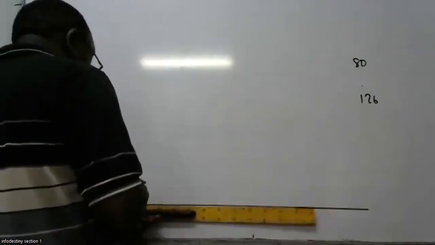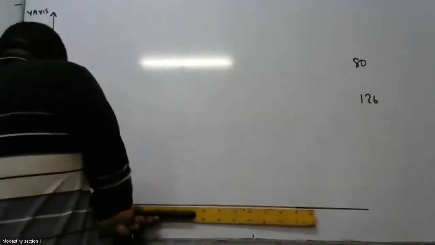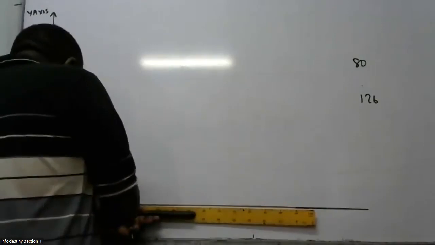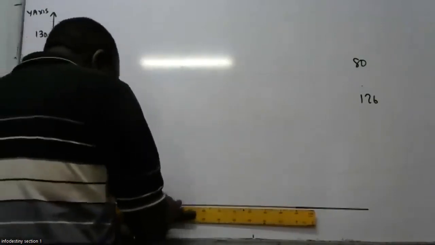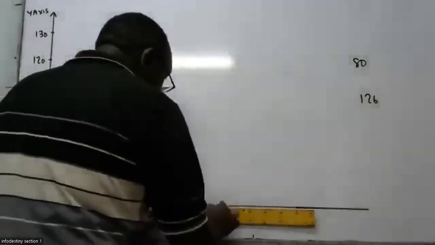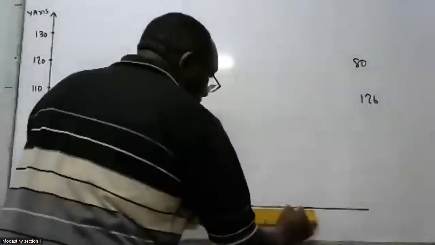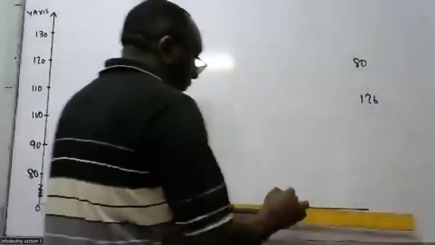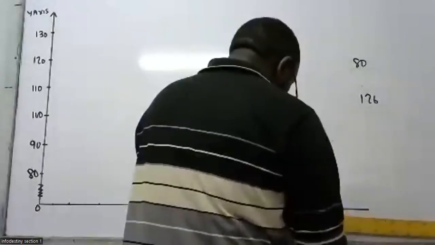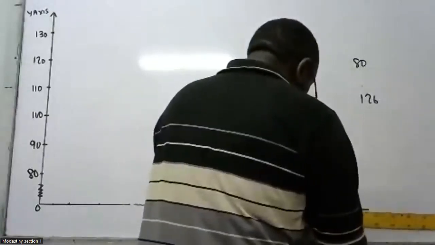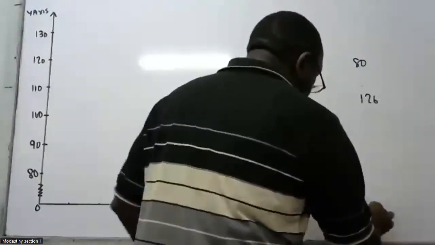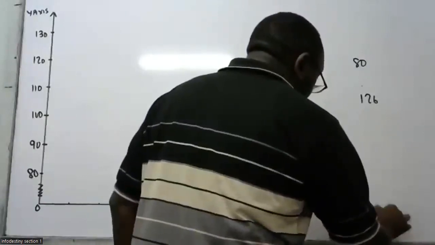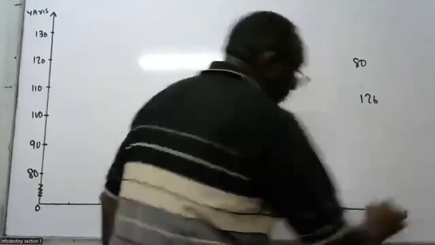Now here I have 1, 2, 3, 4, 5, 6, 7, 8, 9, 10. So this is the x-axis.